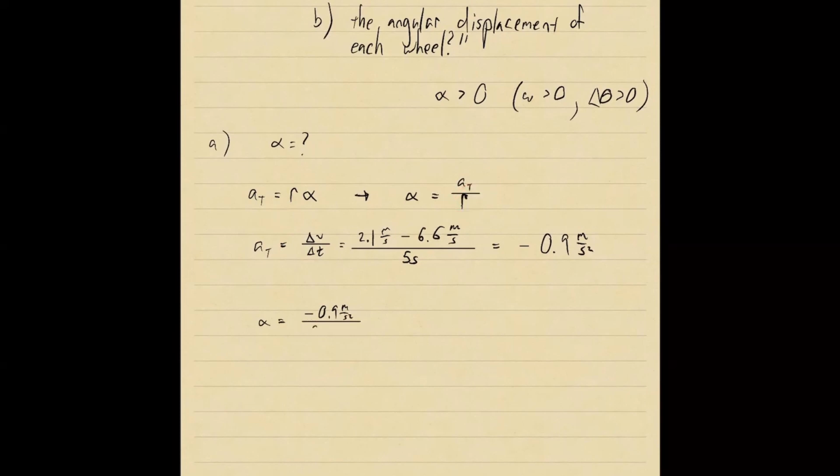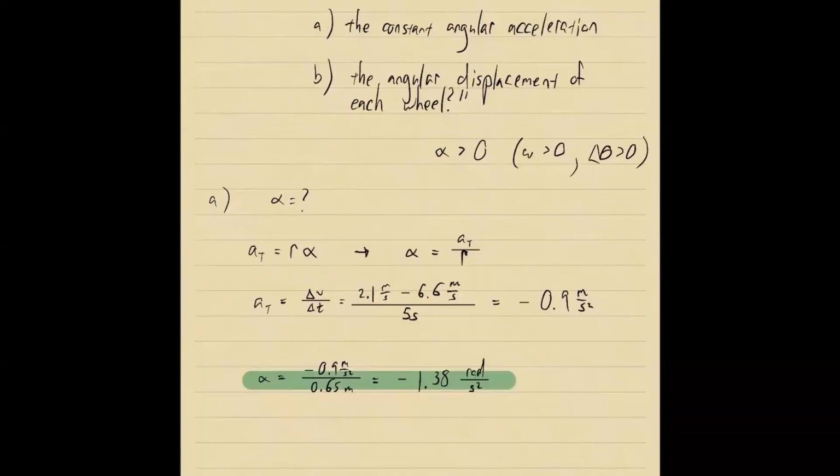So that's 0.65 meters. And this gives us an angular acceleration of minus 1.38 radians per second squared. So in this case, the minus sign indicates that our wheels are slowing down, right? They're not spinning as fast, which makes sense because the motorcycle itself is slowing down. So we should expect this.